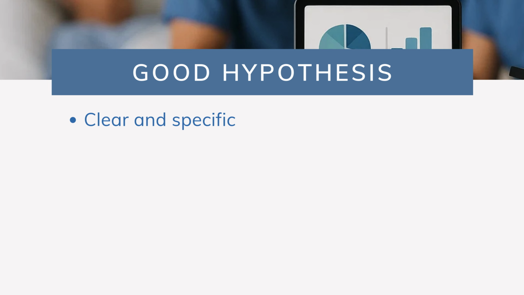Instead of saying, there is a relationship between students and compliance, you must specify, there is a relationship between the knowledge of Level 3 student nurses and their compliance to infection control practices.